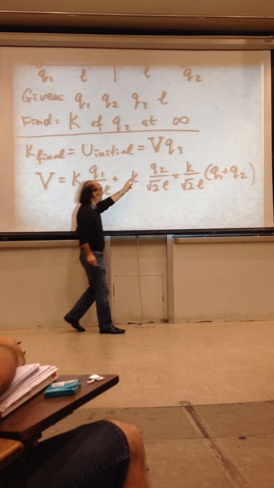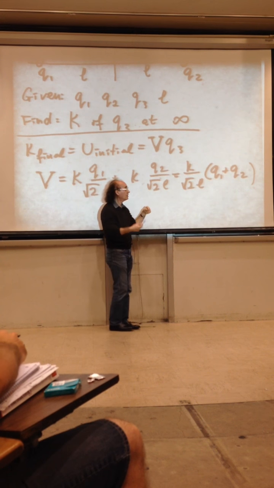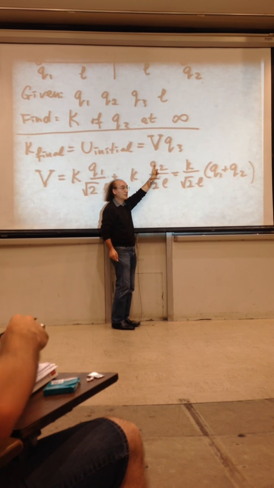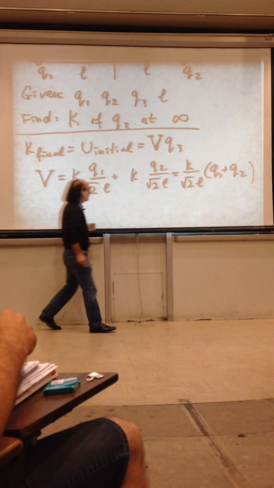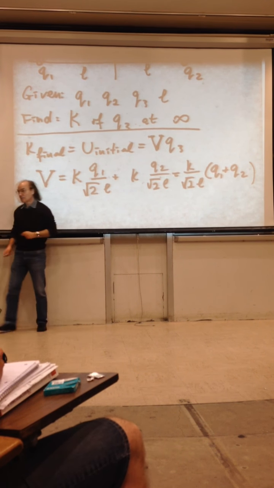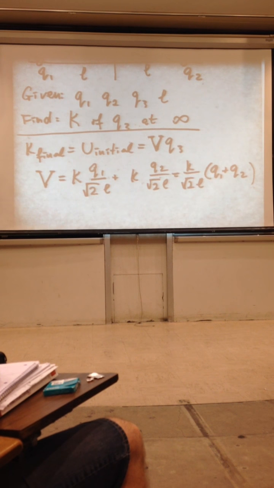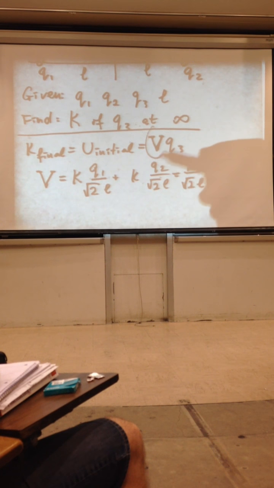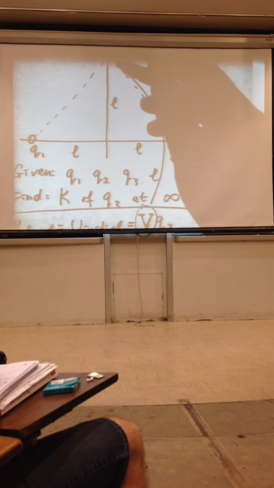The potential energy of a charge in a field equals voltage times charge, and the voltage is given by k times q divided by distance. This is the total voltage at this point here.